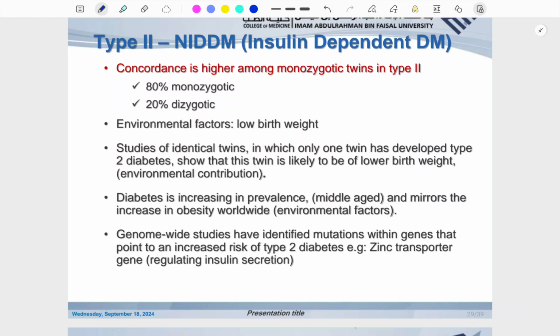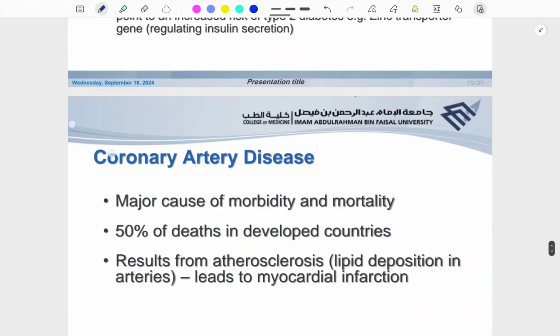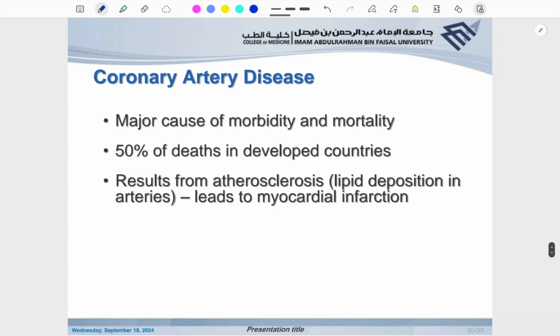The muscle, I said, the problem with it is resistance. Glucose gets into everywhere except the muscle because you need insulin. Remember that. So that is the zinc transporter there. This means that it is more genetic than type 1. It comes at a later age.